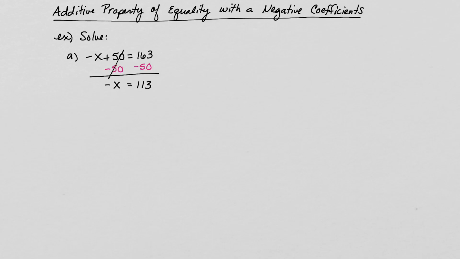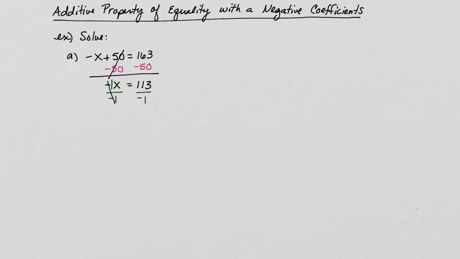And so now I'm looking better. My x is closer to being alone, but it's still not completely alone because of this negative. And the thing I want to think about here is, remember, we can think of this as x being multiplied by negative 1. And remember, we talked about how you get rid of something being multiplied? You divide. So I'm going to divide both sides of my equation by negative 1.